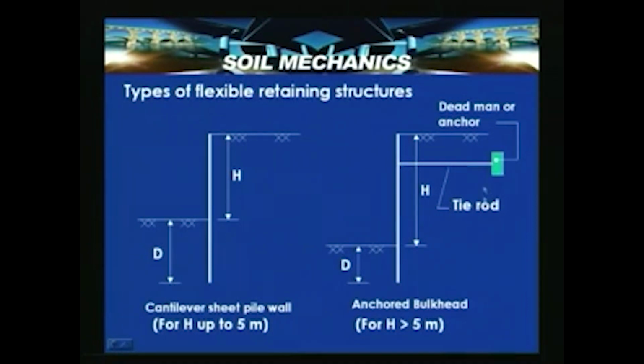The design involves finding earth pressures, estimating D, and estimating the anchor forces, so that we can decide what section to provide, what diameter of tie rod to provide, and what the safe location of the anchor plate or deadman anchor has to be.